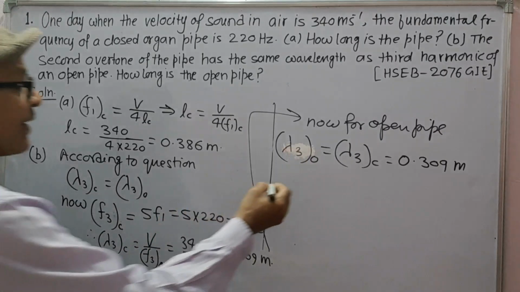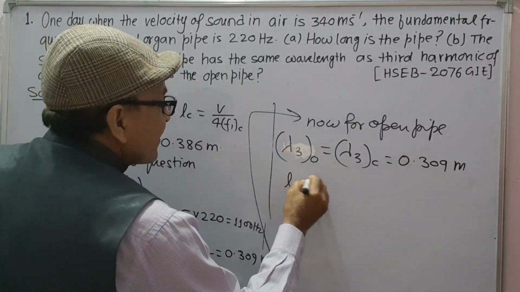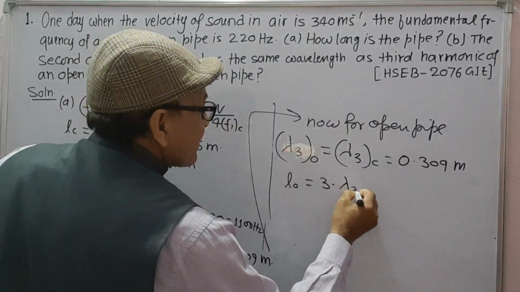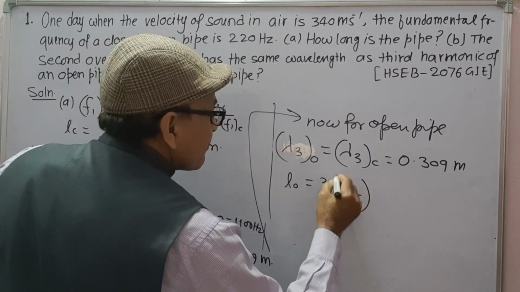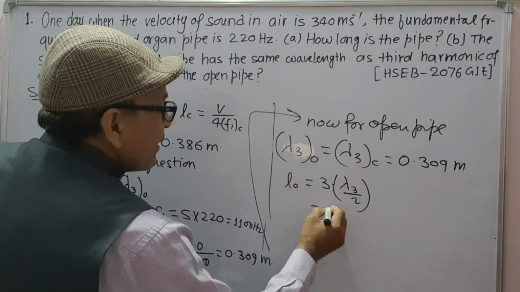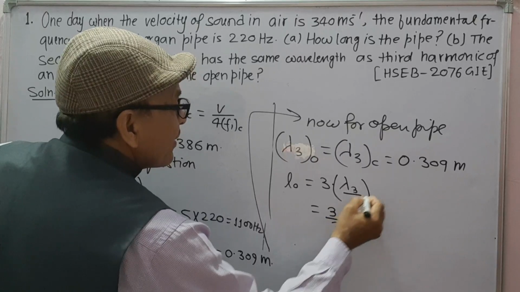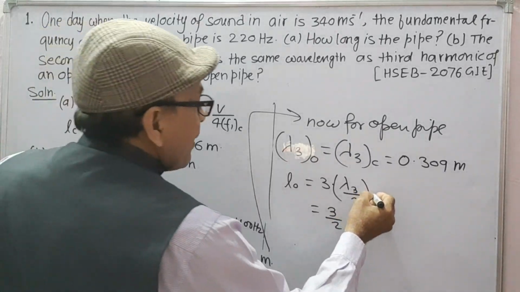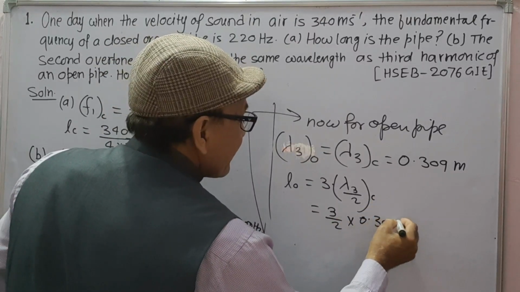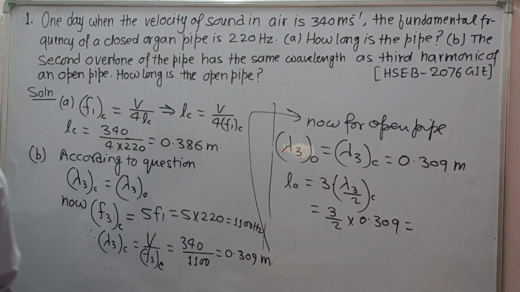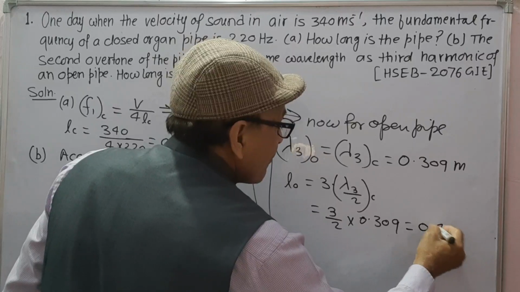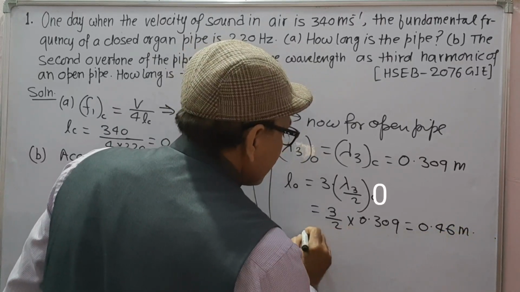Therefore, L of open pipe will be equal to 3 lambda 3 by 2, which is 3 by 2 into 0.309, which gives 0.46 meter.